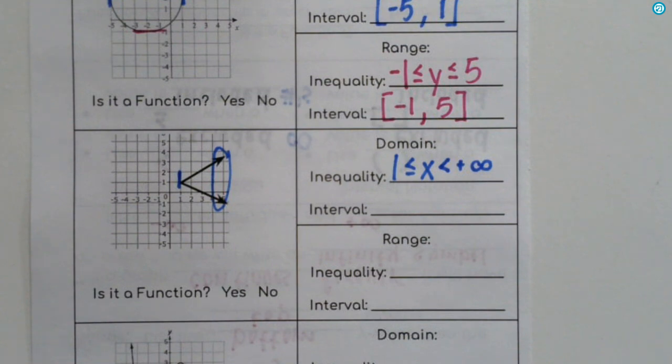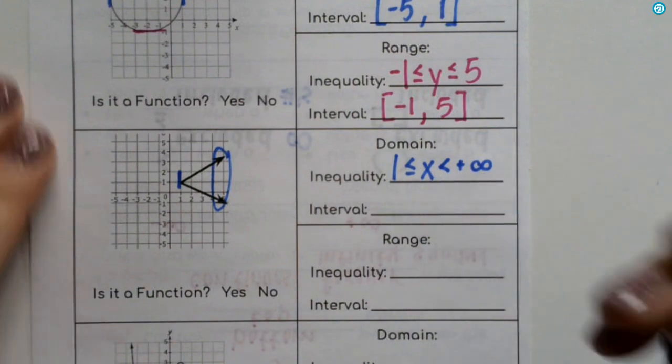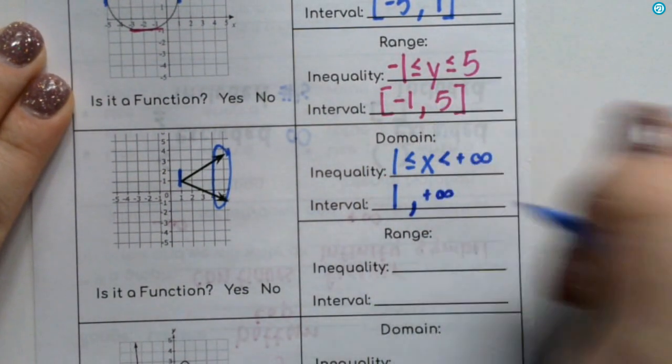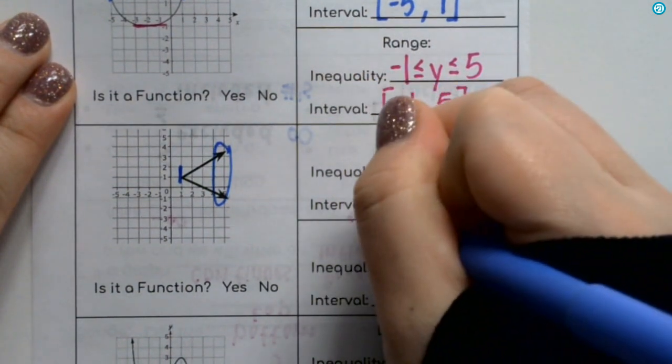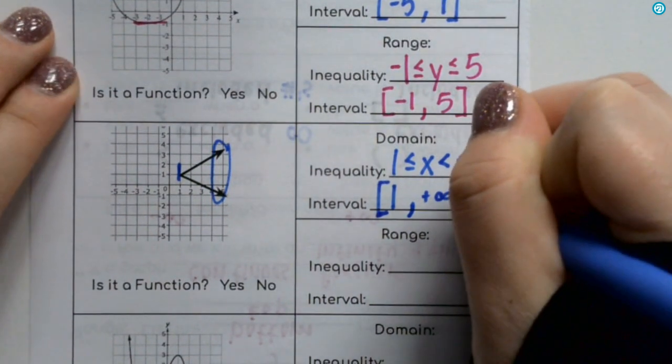Okay, for interval notation, we write 1 comma infinity. For the 1, we use a bracket. For the infinity, we use a parentheses.